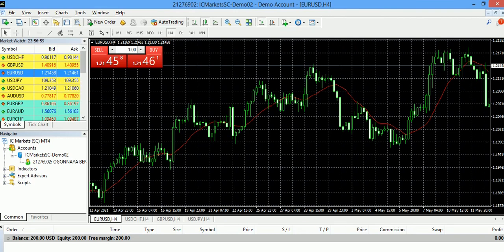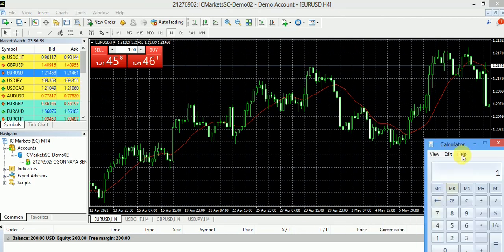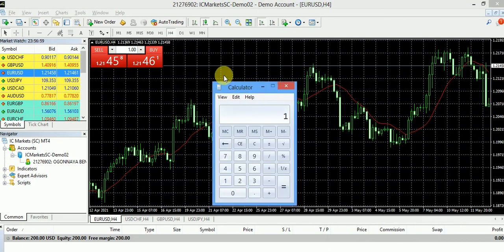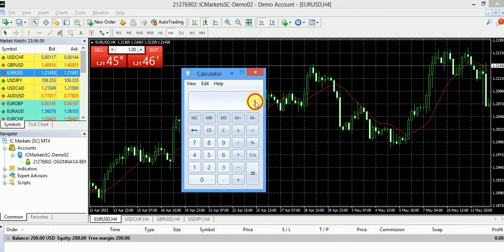Let me say you want to buy, and they say that 1 euro will cost you $1.21461. This is what you will use to buy 1 euro, and you have selected one lot, which means you want to buy up to 100,000 units of that euro. Which is this times 100,000.